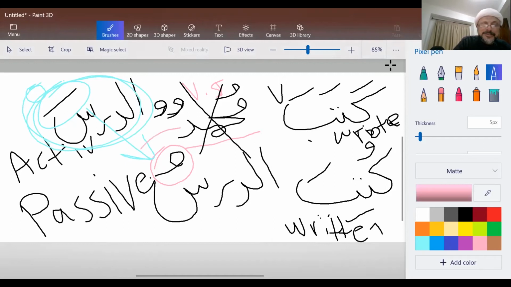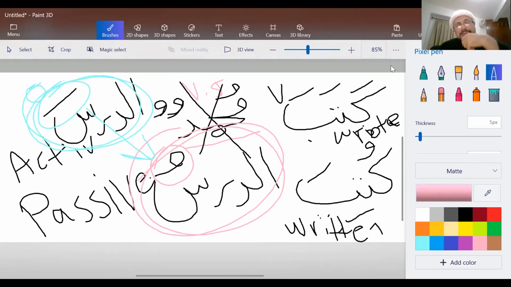And now this has become from the pink group. So it is an object originally, but we can't say object. Linguistically, we cannot say maf'ul. Why? Because maf'ul is from the category of mansubat, the blue group. And now this guy has changed the group, converted to the pink group.